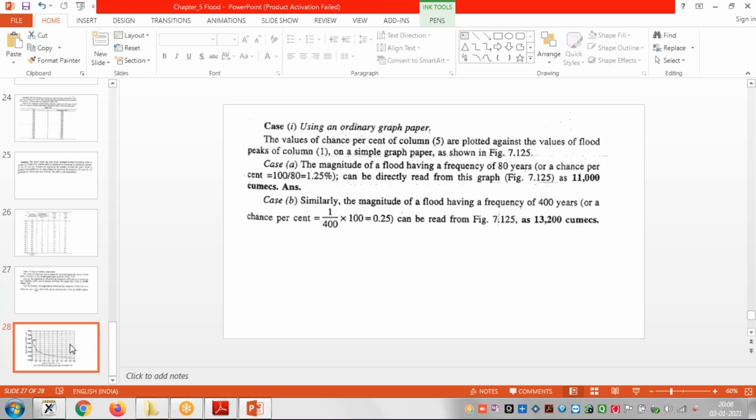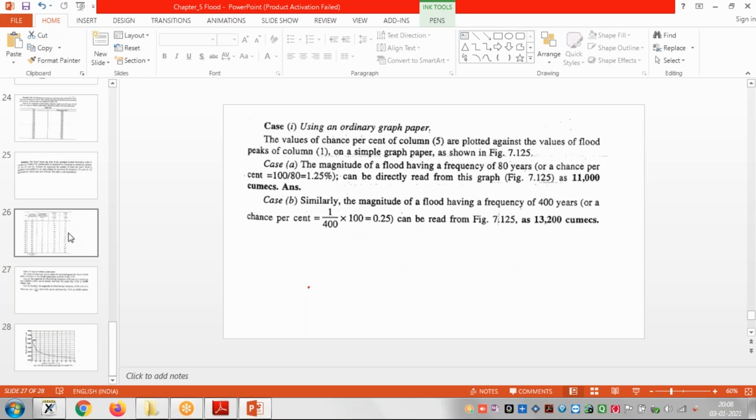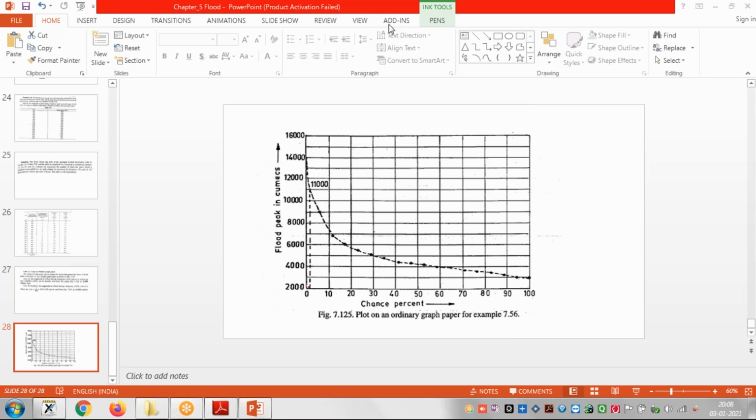It is very small, somewhere around here. That earlier data was for 80 years, and this is for 400 years, and we are finding it based on data available for 17 years.